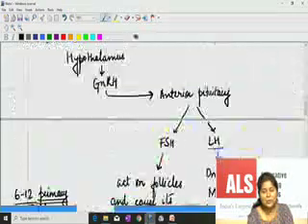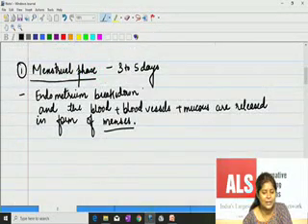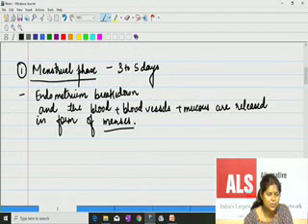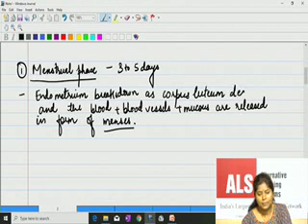So let's go back to the first part. I left some space over here also. So endometrium breaks down as corpus luteum degenerates. We know what is going to happen.